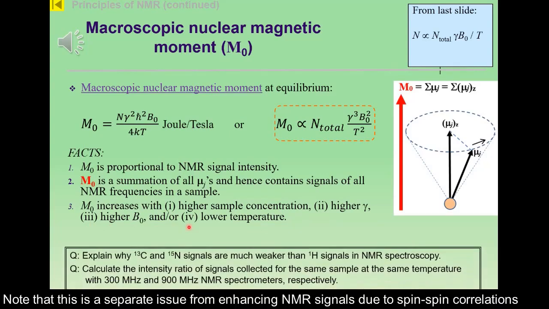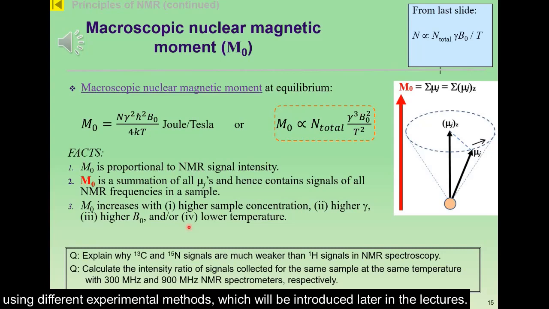Note that the topic discussed in this slide is a separate issue from enhancing NMR signals due to spin-spin correlation using different experimental methods, which will be introduced later in the lectures.